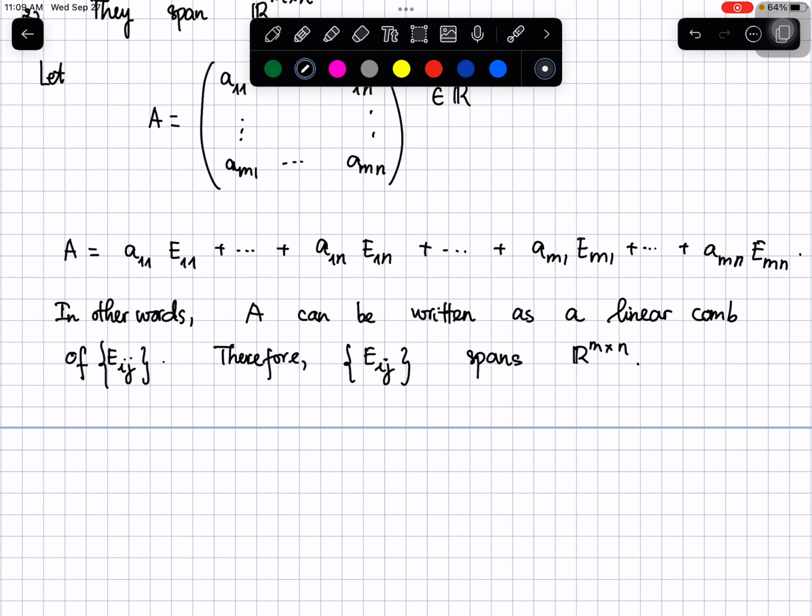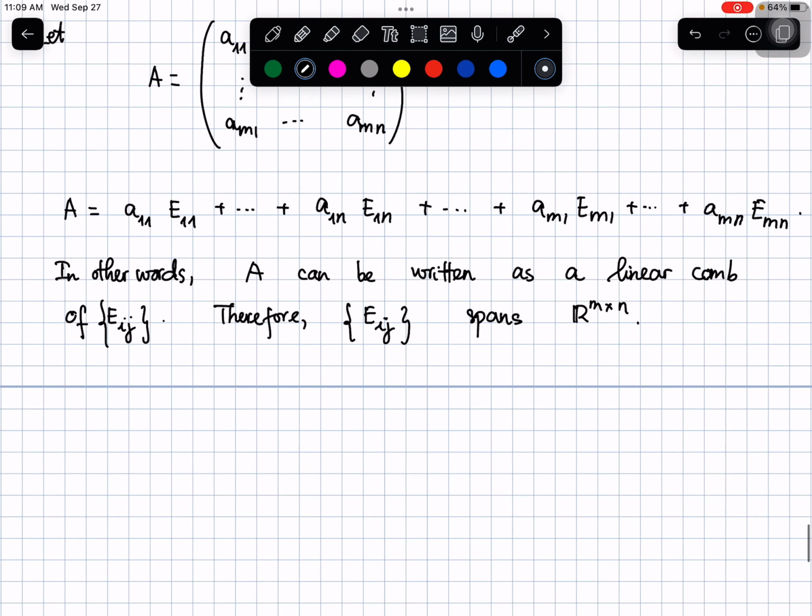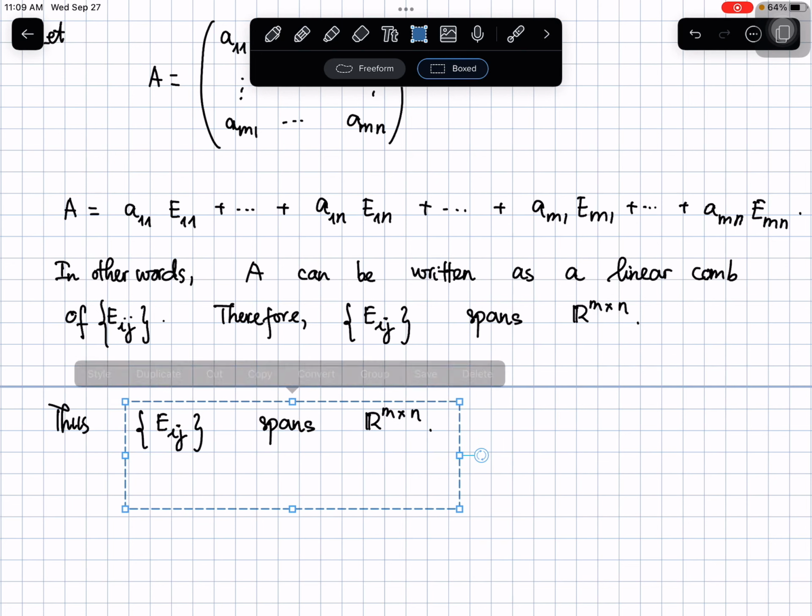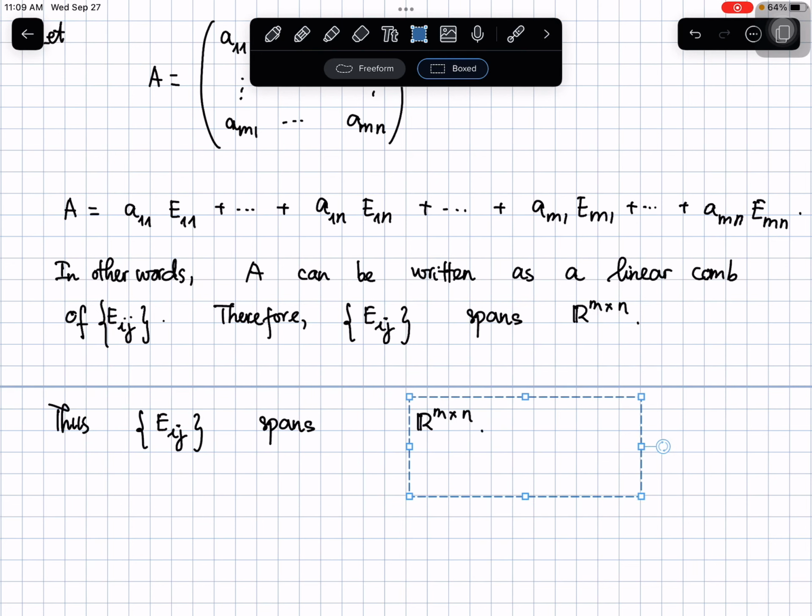So both conditions, linear independence and spanning the whole vector space, hold, so they are a basis. This set is a basis of R^(m by n).